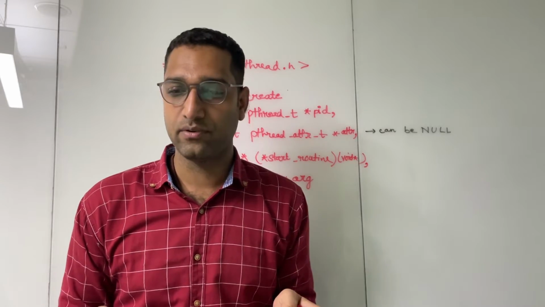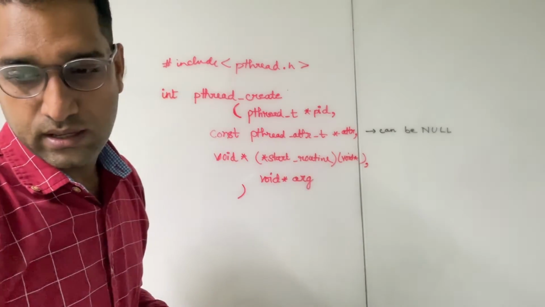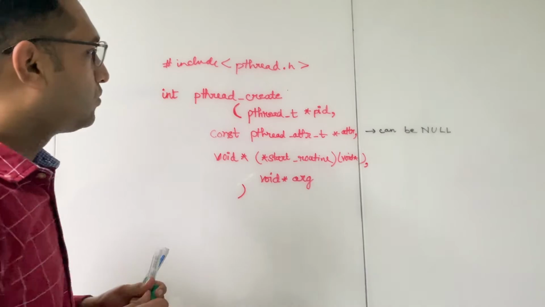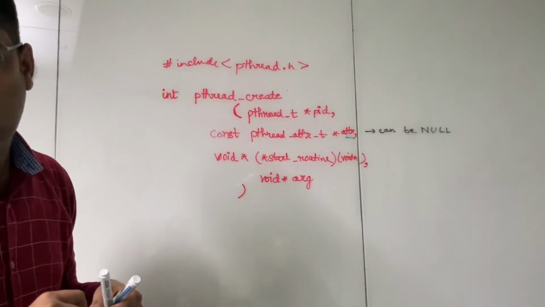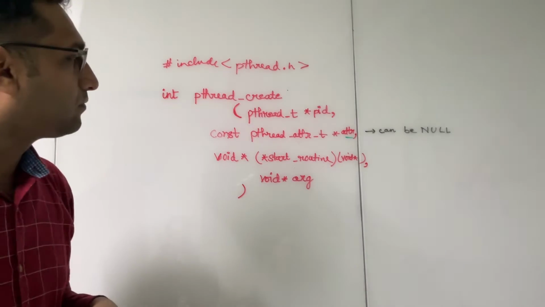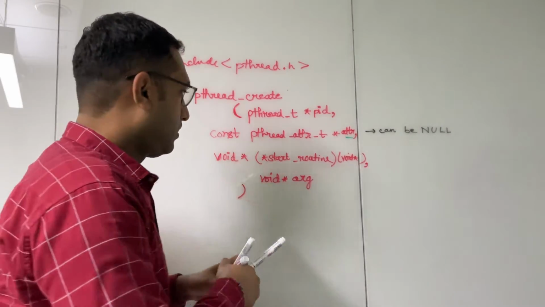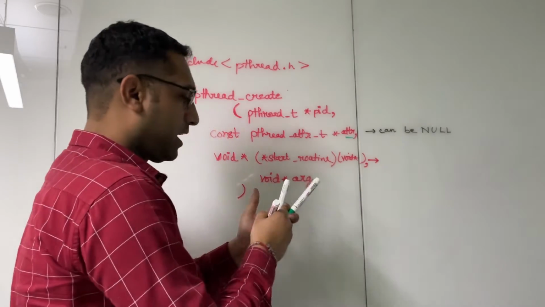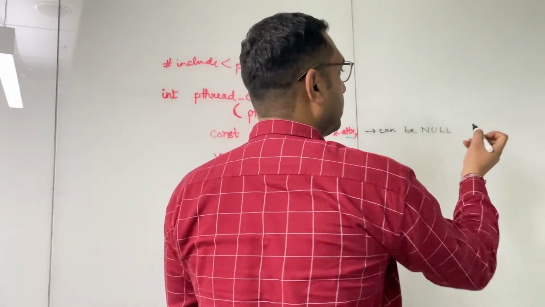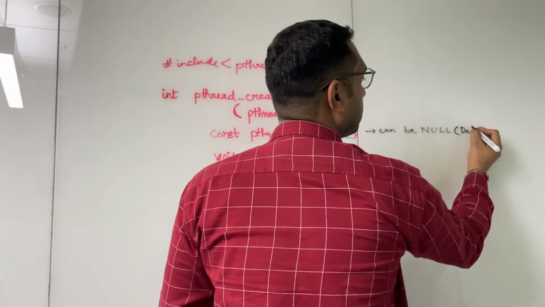That will be very helpful. So this is attributes. Another thing is the start routine. And in case of null, what happened here? Default attributes.